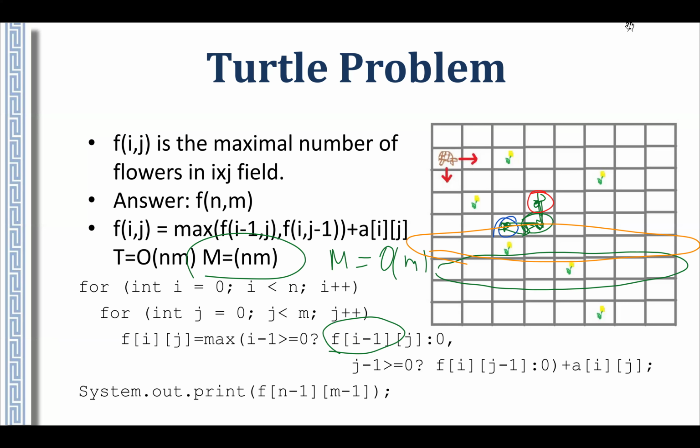So what we can do is just store the previous line and the current line, and after computing the current line, we just exchange them, and then recompute again using the previous line and so on. That's why we can decrease our memory complexity.